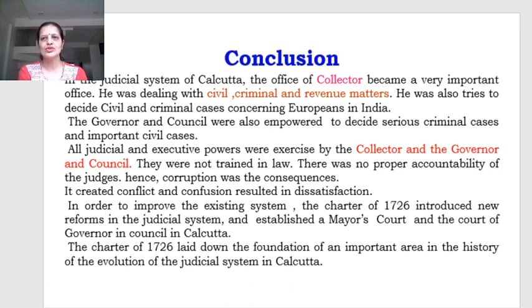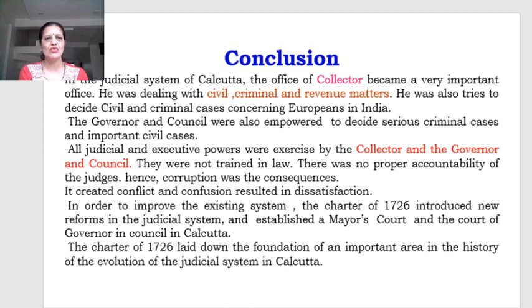He was also used to try and decide civil and criminal cases concerning Europeans in India. The governor and council were also empowered to decide serious criminal cases and important civil cases. So all judicial and executive powers were exercised by the collector and the governor and council.